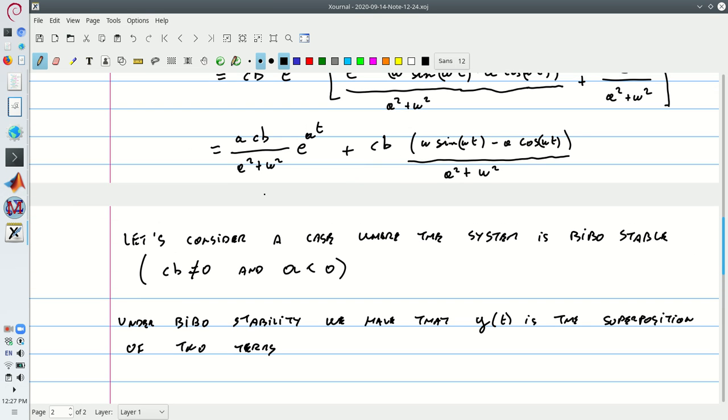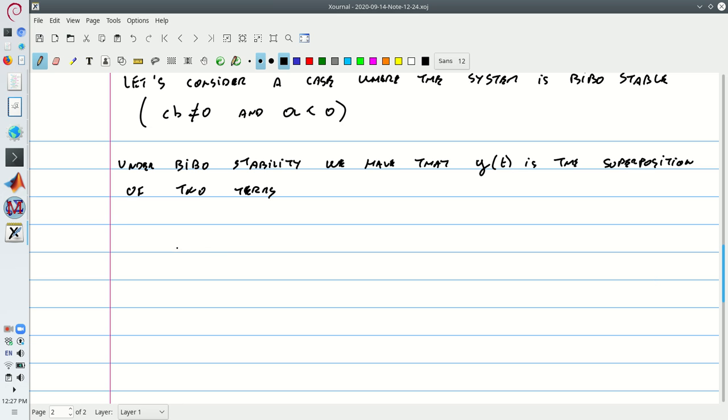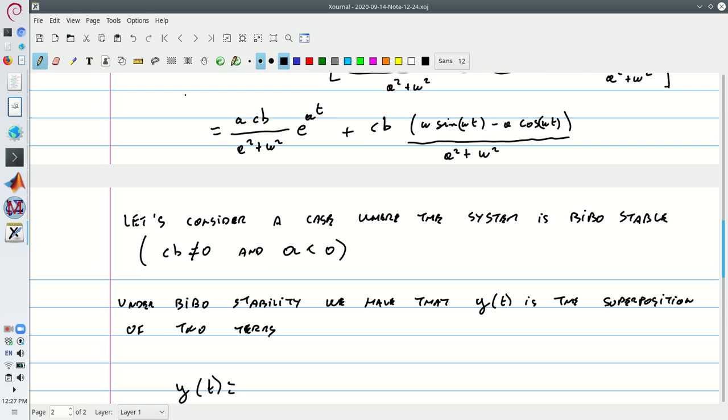The first term is given by this exponential that is going to 0. If a is strictly less than 0, this exponential decays exponentially, and so after some time becomes negligible. And what is left is only this part that is periodic. So we have y of t that is given by this part here, and also the rest.